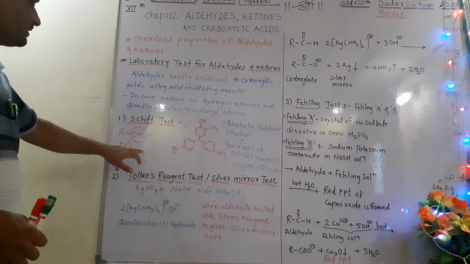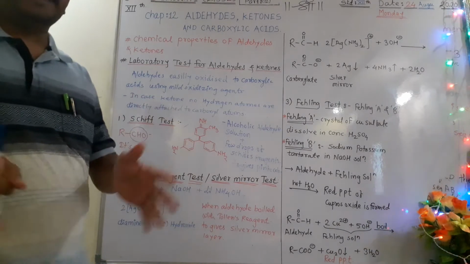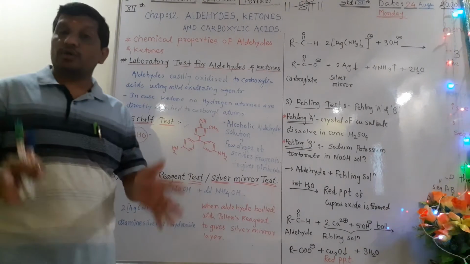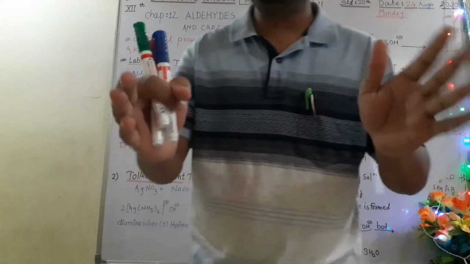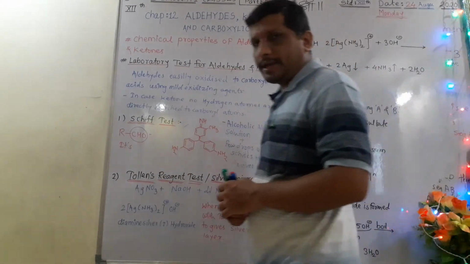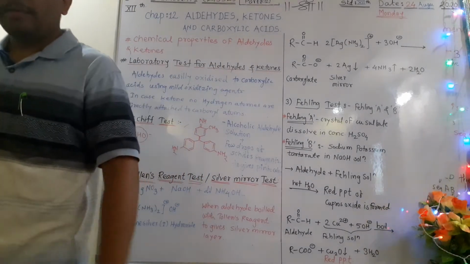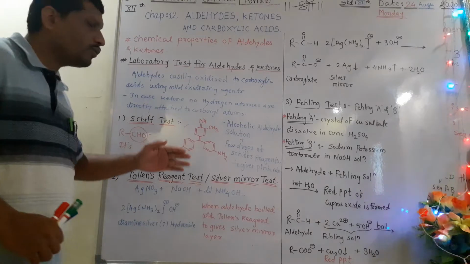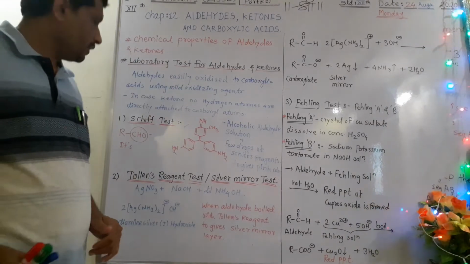Now second is the Tollens reagent test, also called the silver mirror test. How to form the Tollens reagent?